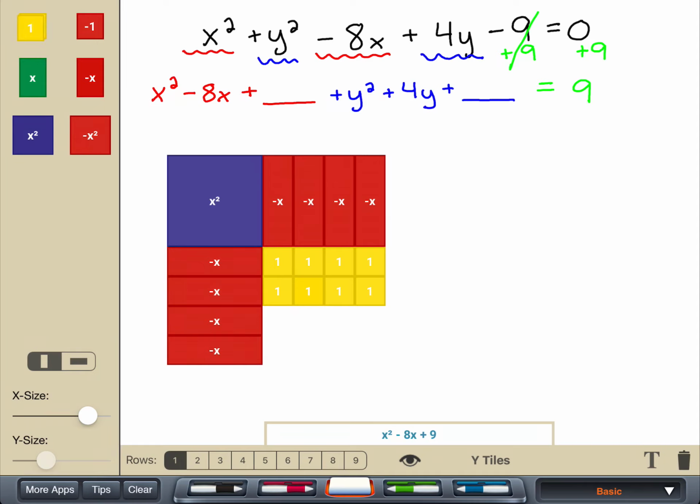Where'd they go? Yeah, and it's saying 17, so there's one in here somewhere. Ah, there it is. Great.